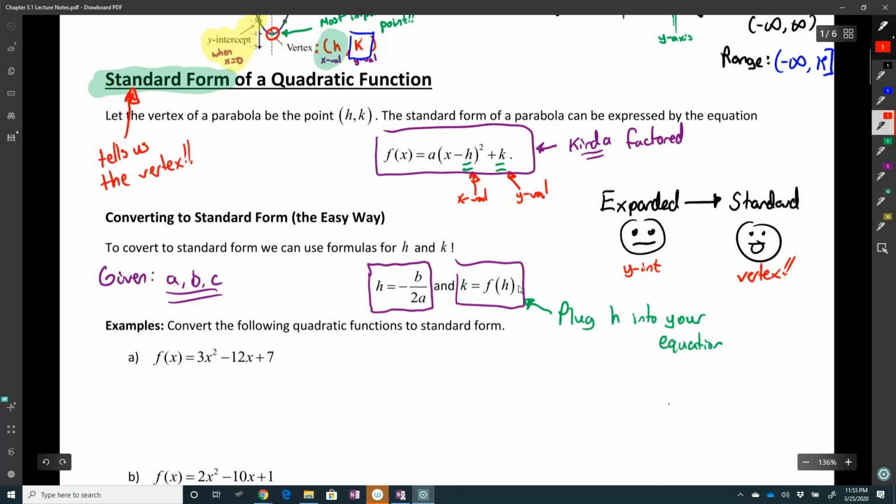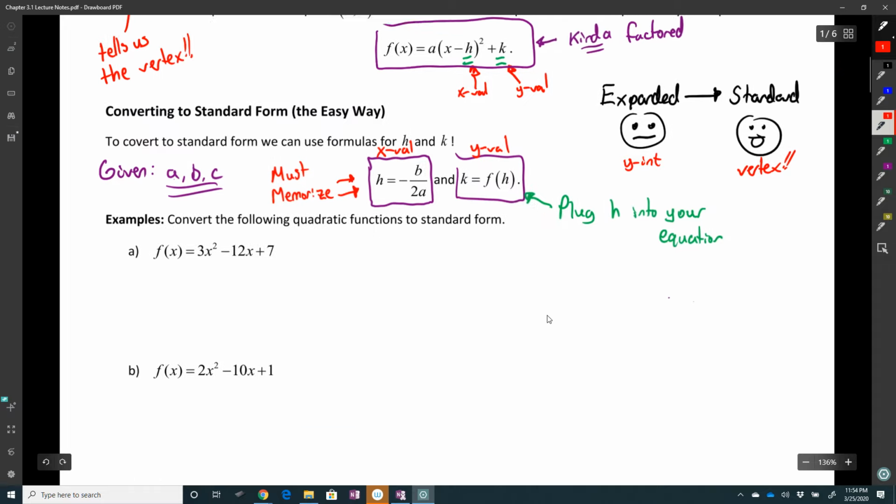Why? Because remember that this is the x value, and this is the y value. If you know the x value, plug it in, and you get your y value. So this is the formula that you must memorize.